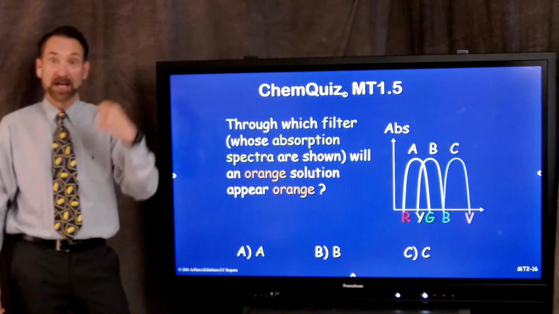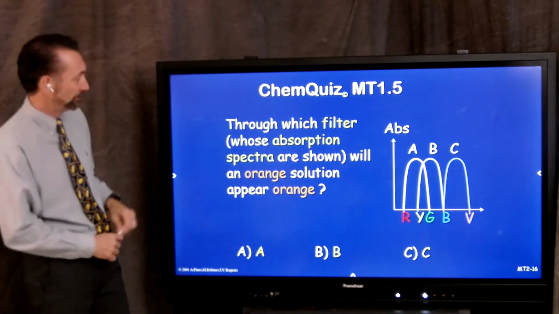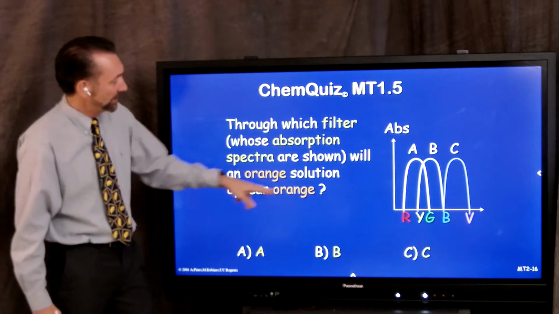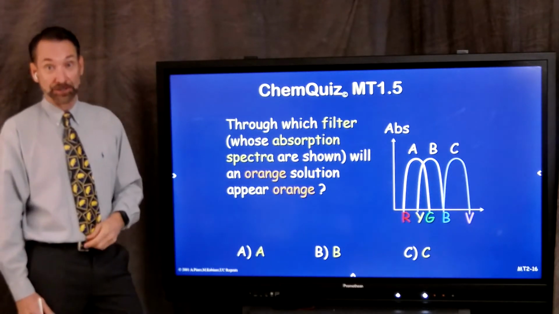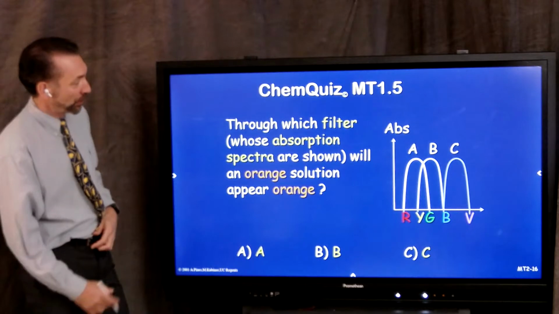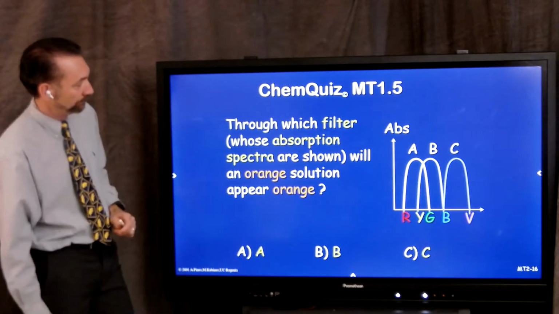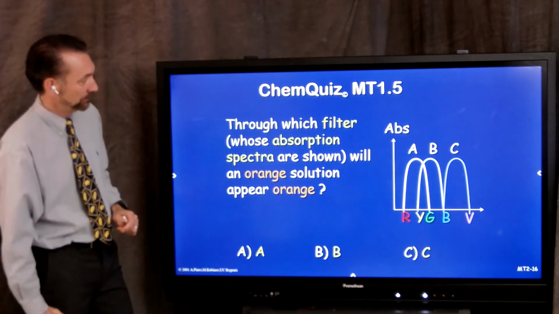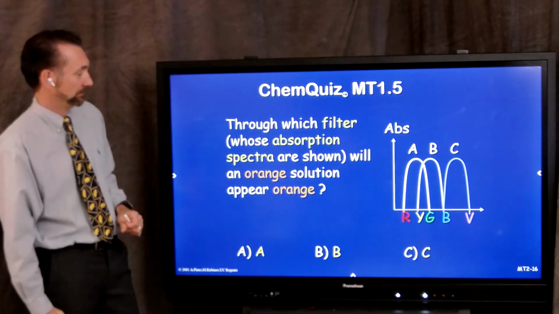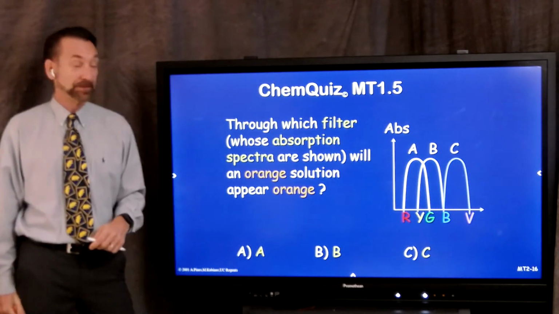What color do I see after a filter is there? Which one will I still see as orange? So think about that for a minute and we'll take a vote.